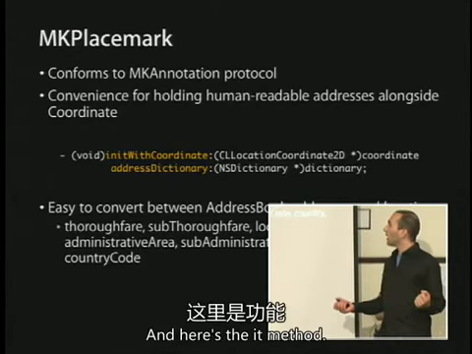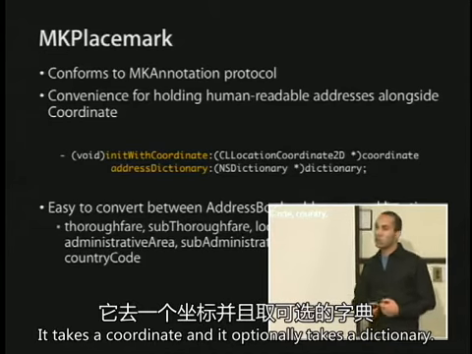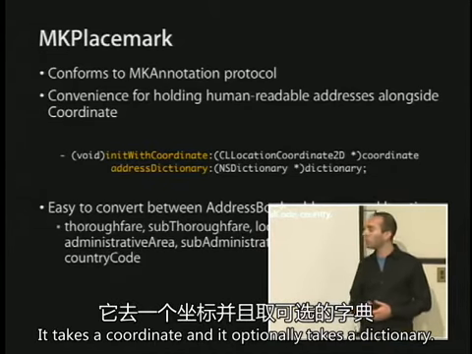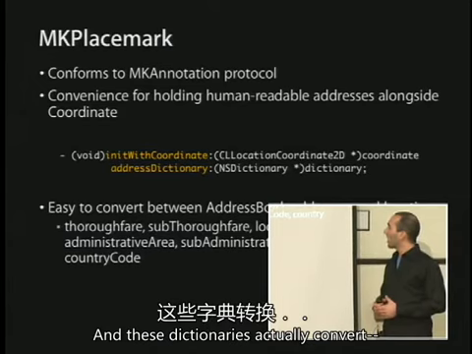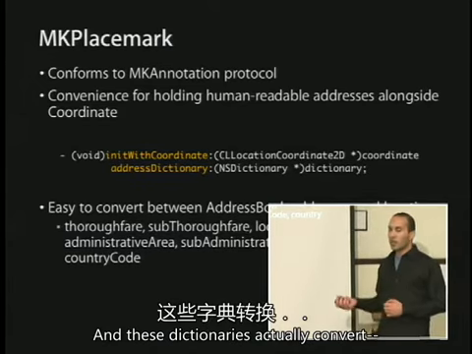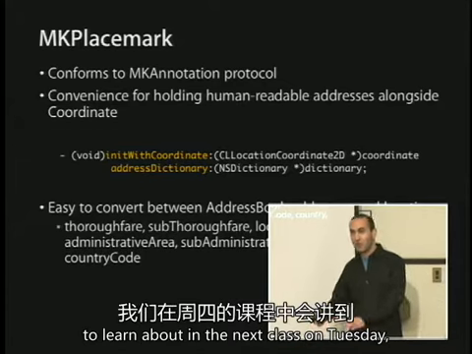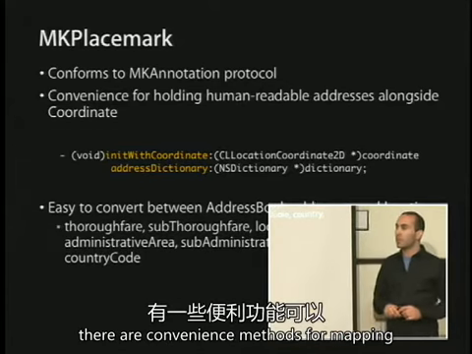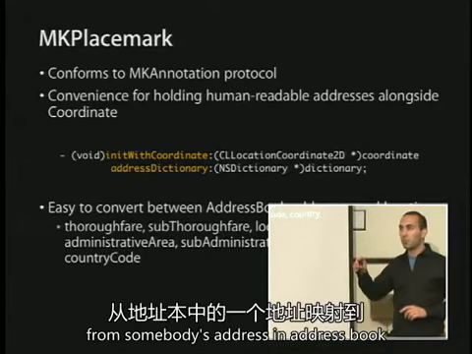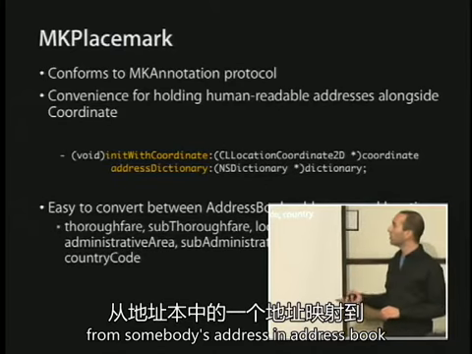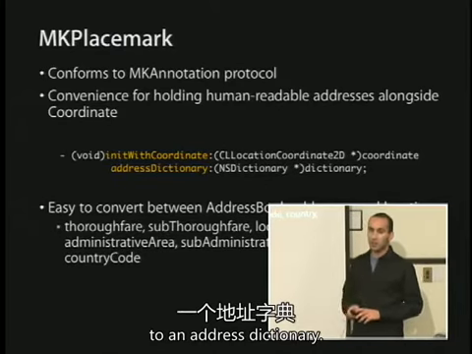And here's the init method. It takes a coordinate and optionally takes a dictionary. These dictionaries actually convert, if you're using an address book, which we're going to learn about in the next class on Tuesday, there are convenience methods for mapping from somebody's address in address book to an address dictionary.